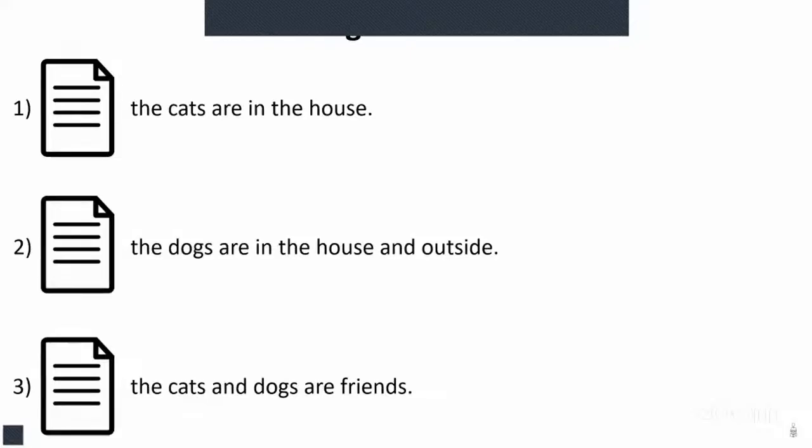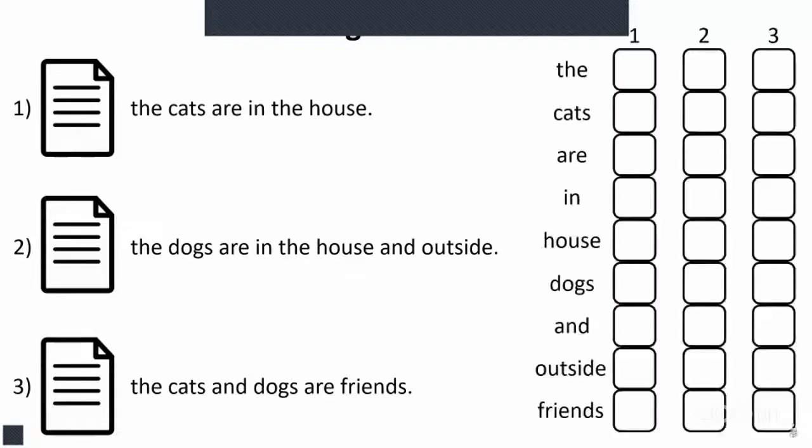For example, if you have the following three documents, the TF-IDF algorithm will compute a vector for each of the three, and each document will contain a numerical value for each word found in the corpus, like cat, house, dogs, friends, and so on.